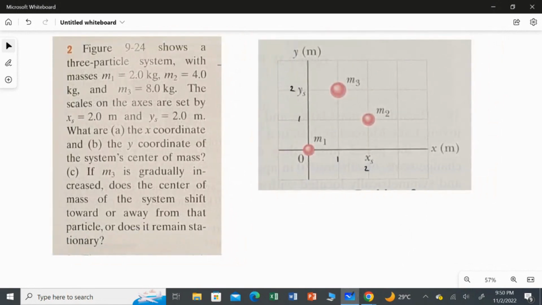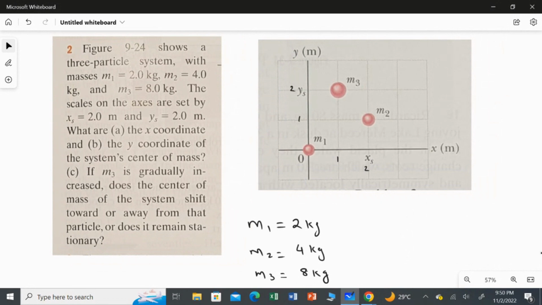First of all, I'm going to write what is given in the question. The mass of the first particle is 2 kg, the mass of the second particle is 4 kg, and the mass of the third particle is 8 kg.